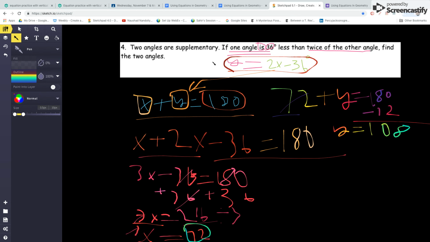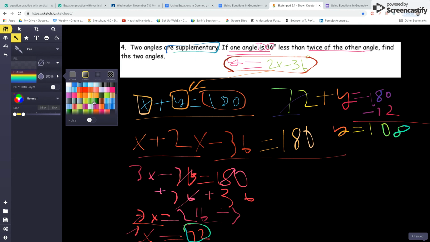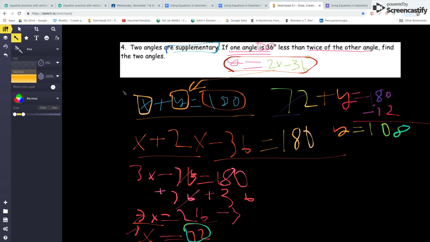So both of them are supplementary. Now, just to make sure this problem is right, they both have to add up to 180, as stated here. So I'm going to pick a nice color to show you. We have 108 and we have 72.